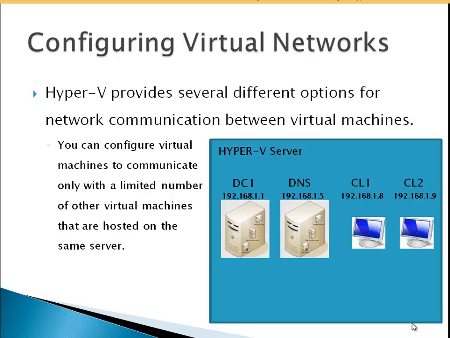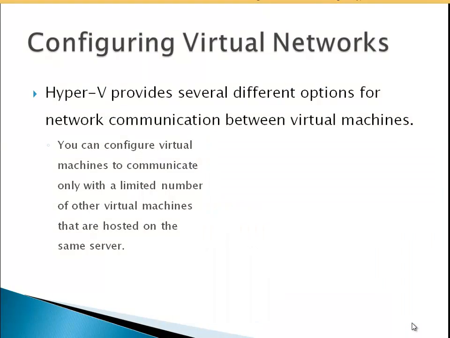Now to make these machines communicate with each other, we will add a private switch. That's it. These machines will be able to communicate with each other on this server and nobody else outside.